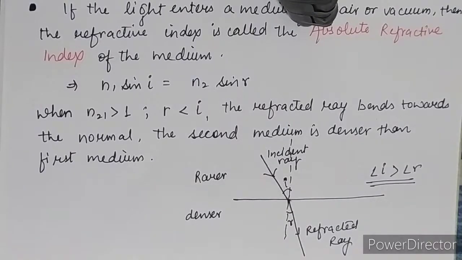Now the second form: when light rays travel from denser to rarer, then the opposite phenomenon applies. What is that?